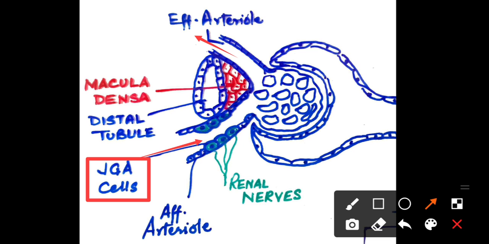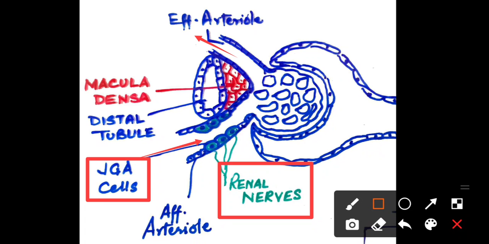The receptor cells also help in receiving that stimulus. So JGA cells will receive this stimulus, and the renal nerves give an impulse to the brain, or you can say the nervous system.